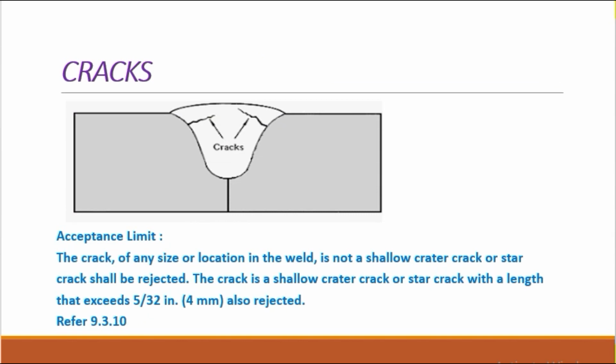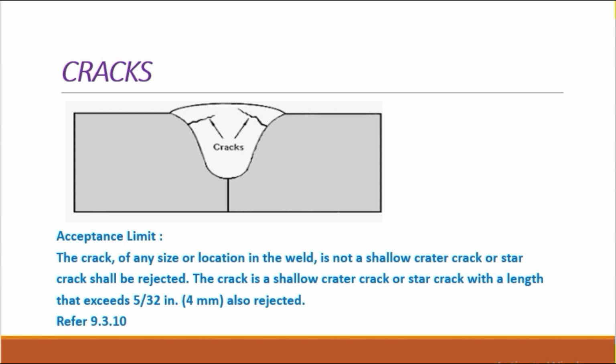Cracks. Cracks acceptance limit: a crack at any location is not allowed. It is called a defect. Any crack other than a shallow crater crack and star crack shall be rejected. But for shallow crater cracks and star cracks, there is one acceptance limit.